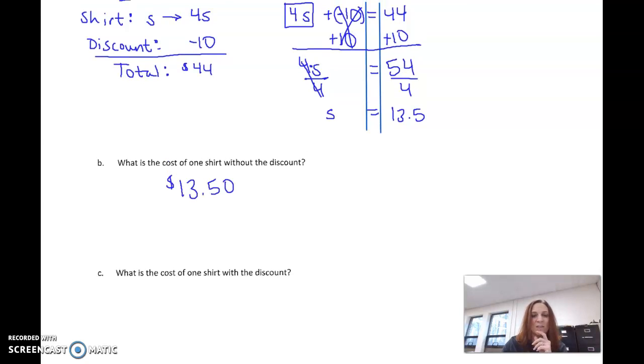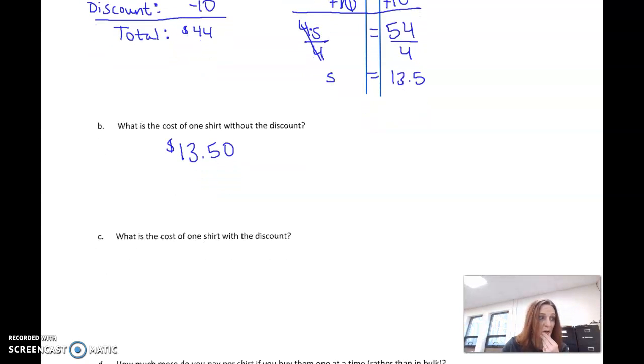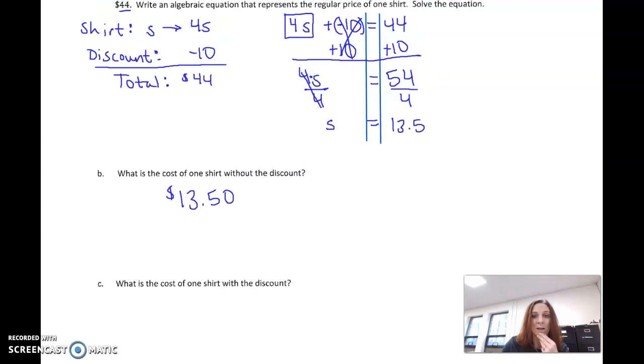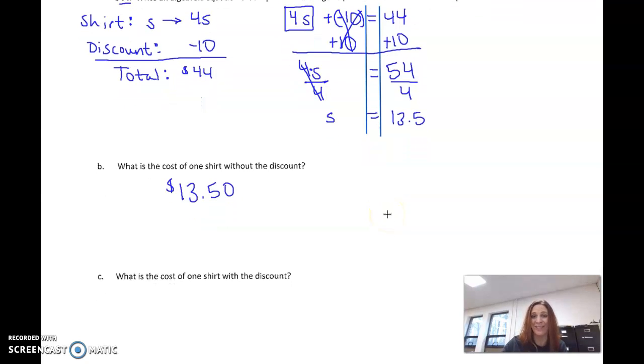So, what is the cost of one shirt without the discount? That's $13.50. What is the cost of one shirt with the discount? Well, if he bought 4 shirts, he got $10 off, right? So without the discount, they'd each cost $13.50.